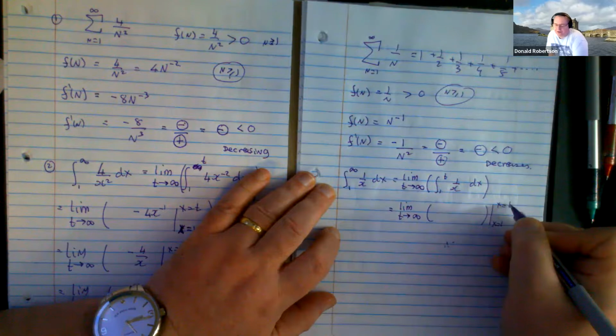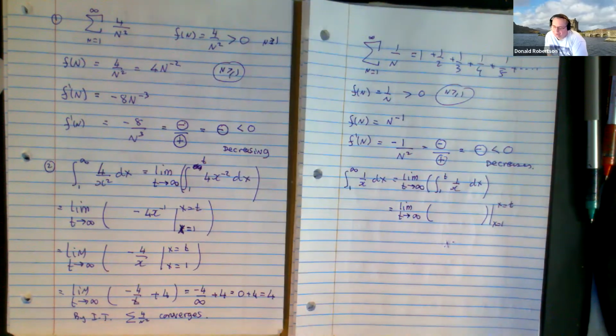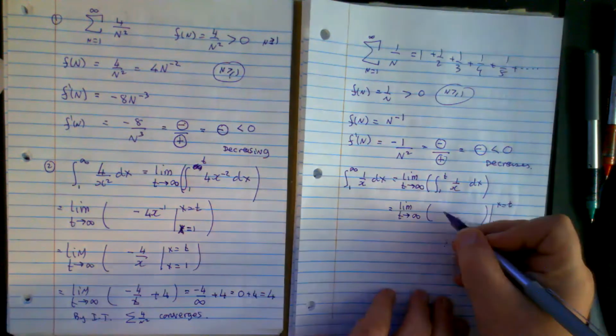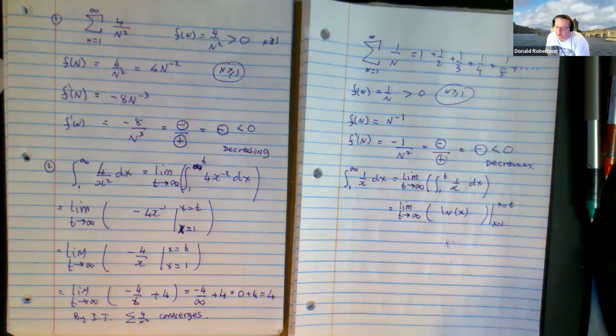Okay, what's the integral or antiderivative of 1 over x? Is that the natural log of absolute value of x, right? Technically the absolute value, but we'll just call it x because everybody's positive.